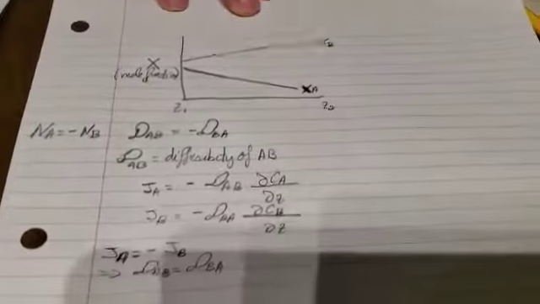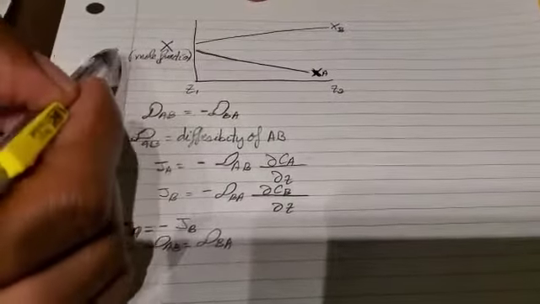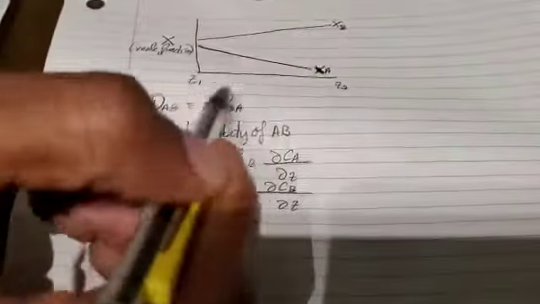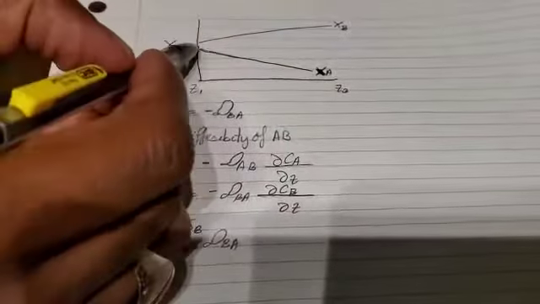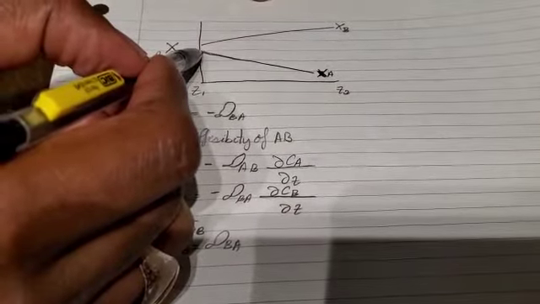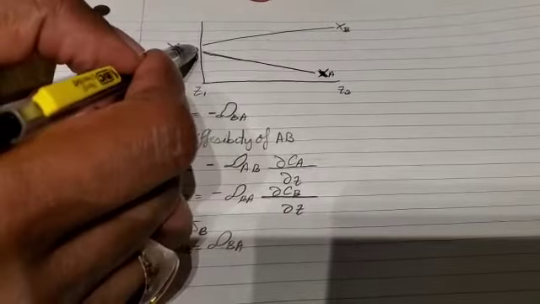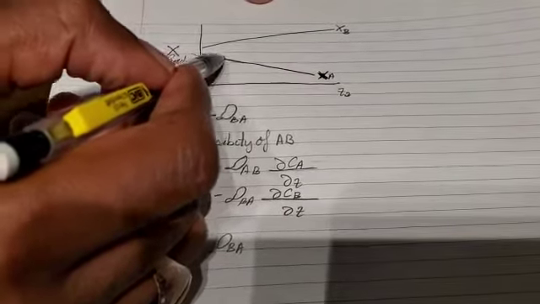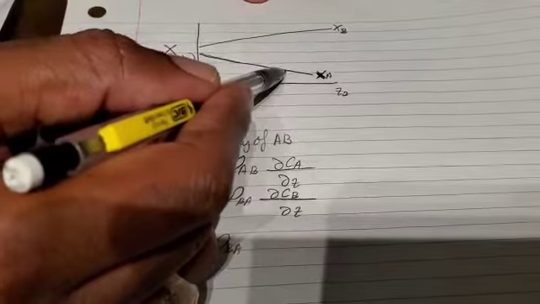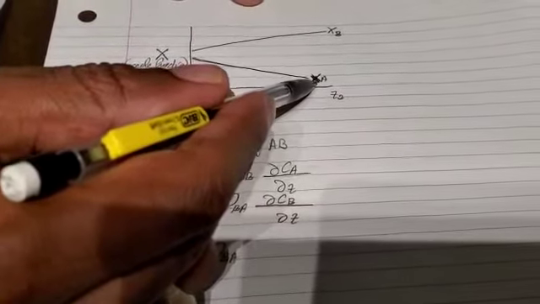Now you can see that on the graph right here. If you graph the mole fraction based on distance, you can see that the mole fraction of A decreases from Z1 going towards Z2.